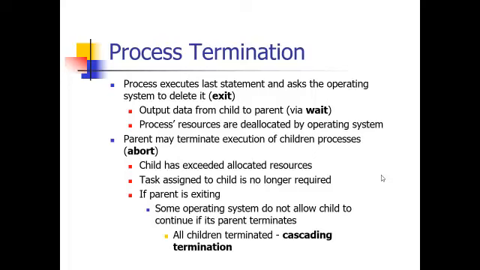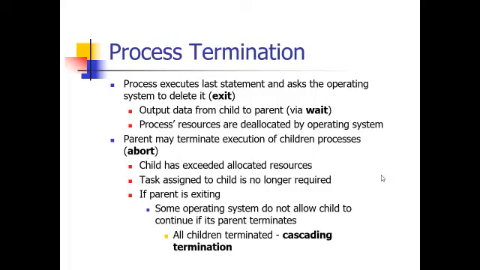So whether it is the child process or the parent process, when it terminates, it has to deallocate all the resources that are assigned for that particular process. If a task assigned to a child is no longer required, then that child process can terminate.